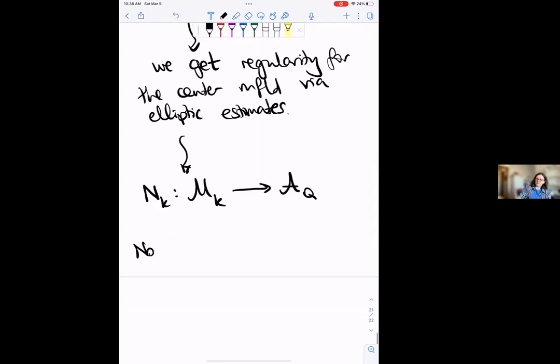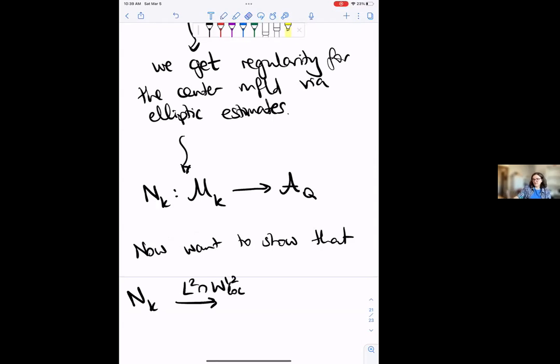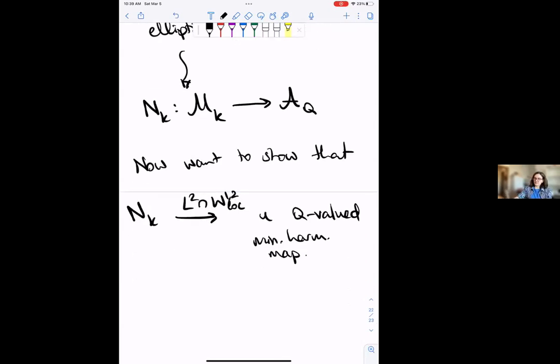So now I want to show that N_k converges, it turns out, in L2 and W^{1,2}_loc strongly to some Q-valued minimizing harmonic map u. And u is non-trivial.